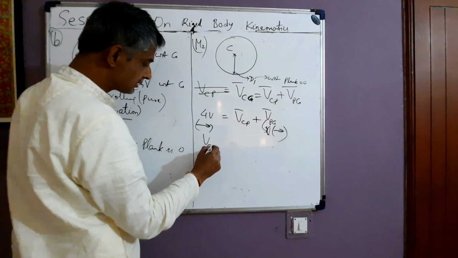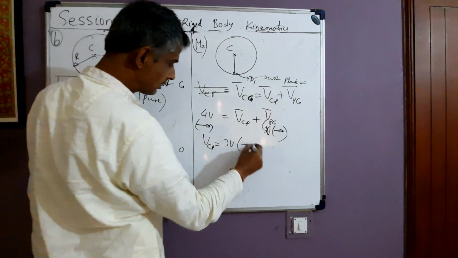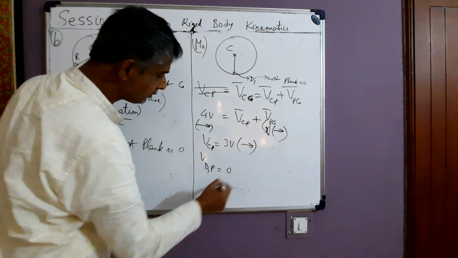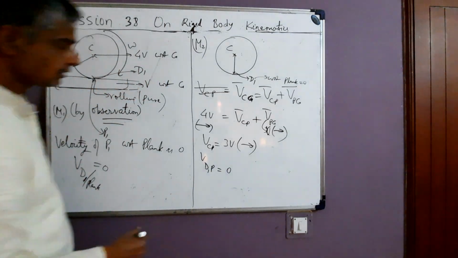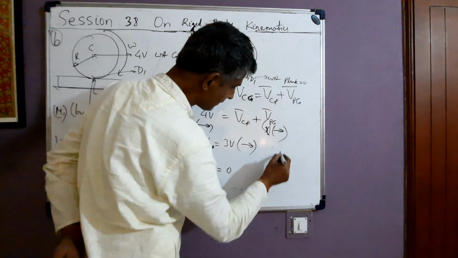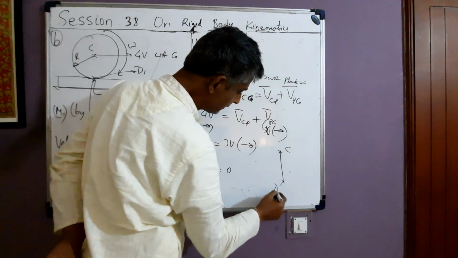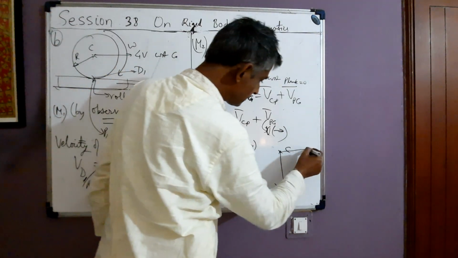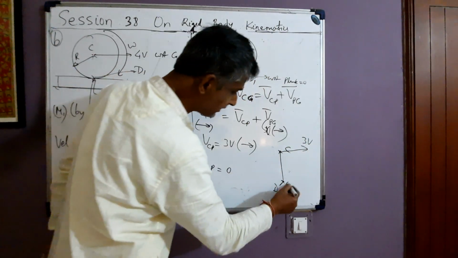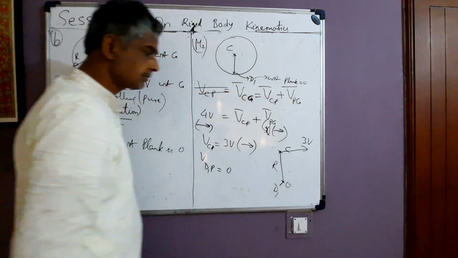So velocity of center with respect to plank becomes 3V rightward. And velocity of D1 with respect to plank is 0, as I mentioned in method 1. This is C, this is D1. Velocity of center with respect to plank is 3V rightward and velocity of D1 with respect to plank is 0. This is the distance R.